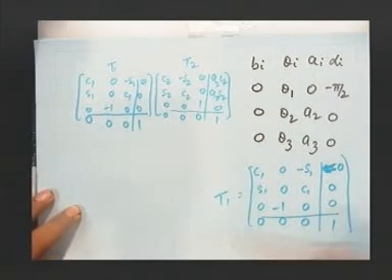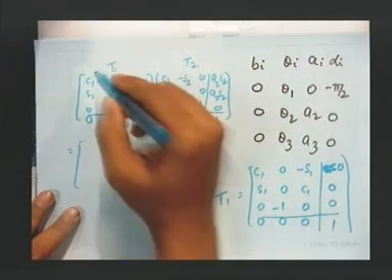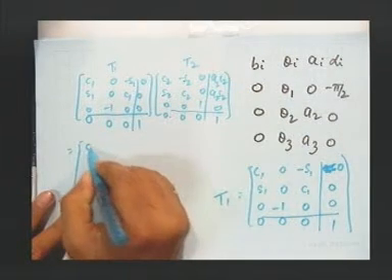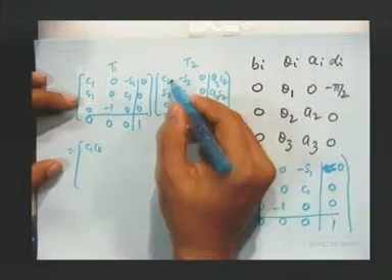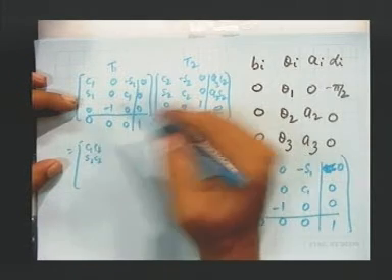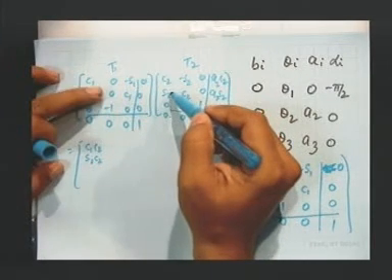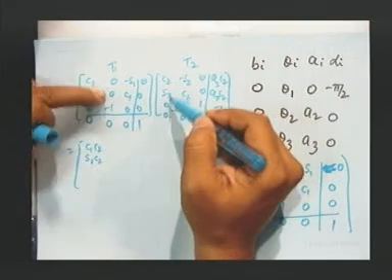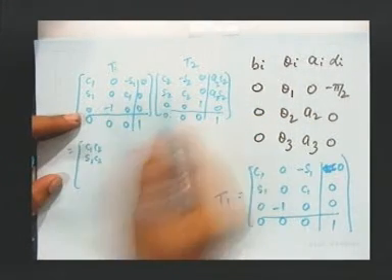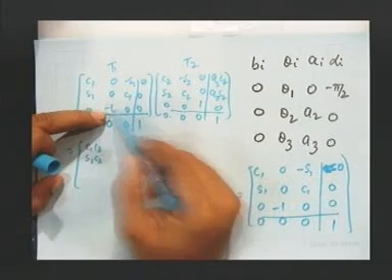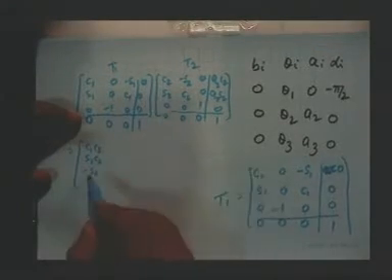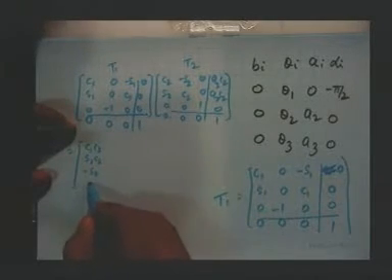So, this is your T1, this is your T2. We do the multiplication: cos 1 cos 2, then sin 1. Please note that I always want to calculate the columns first. Sin 1 cos 2, 0, sin 2, 0, and so on. The third one, 0 into cos 2, then minus sin 2, then 0, 0.